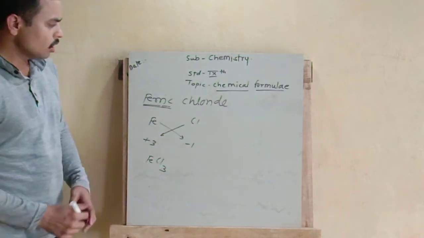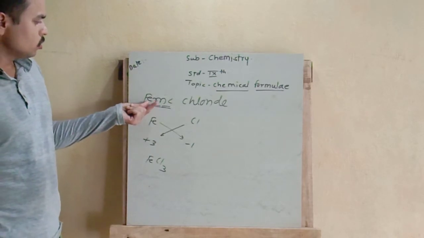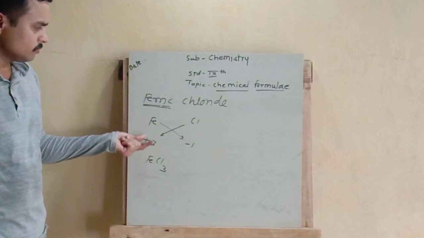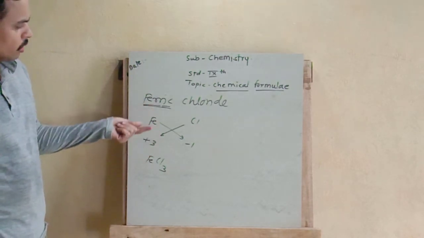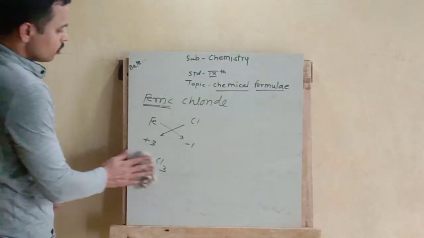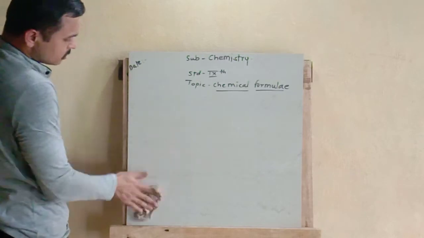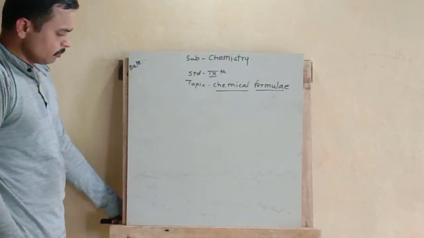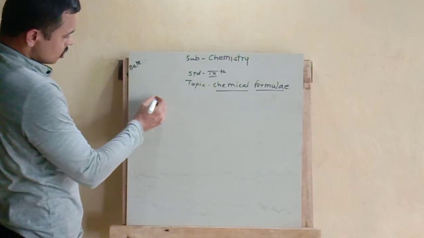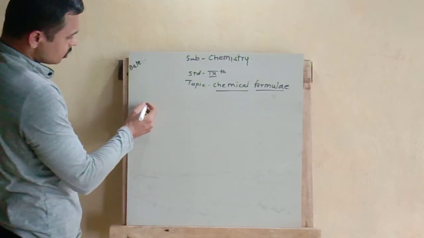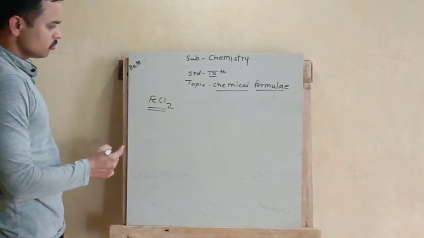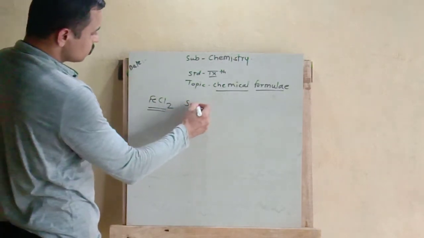So in this way, if a question asks you to convert the name into its symbolic chemical formula, we can convert it this way. Understand? Now I am going to the next conversion. Suppose the question is FeCl2. That compound is given to you. That is a chemical compound, a salt.